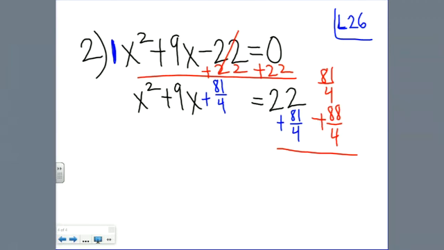Again, I didn't change 22, I just rewrote it to where it had the same denominator as our other fraction. So on the right-hand side, that gives us 169 over 4. Does anybody have any questions up to this point?